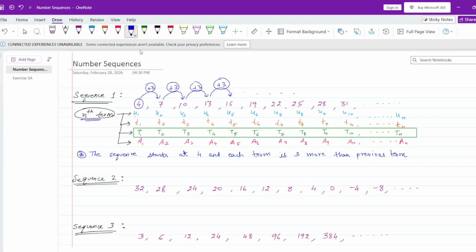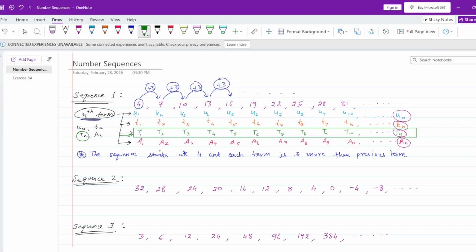Similarly, we can say the nth term can be denoted using un, tn, capital Tn or capital An. But for simplicity, we'll use capital Tn while solving our questions. This is the terminology that we are going to use in our questions.